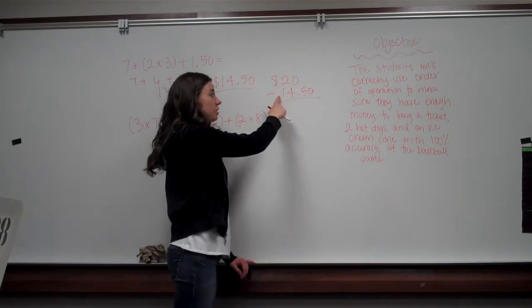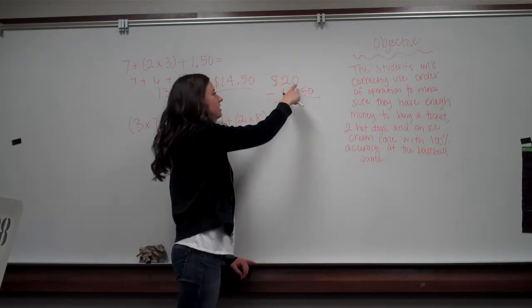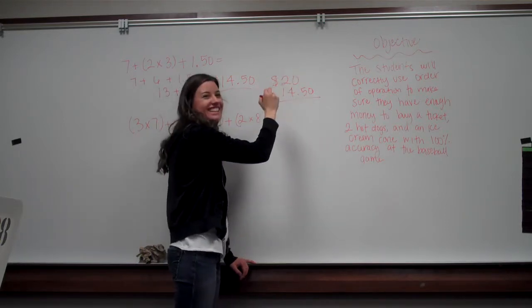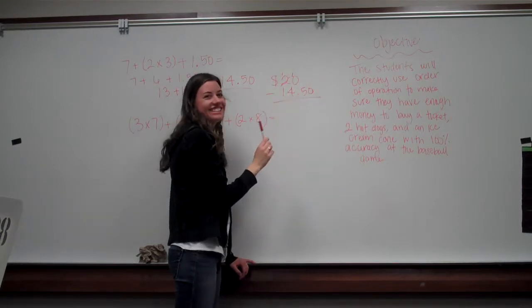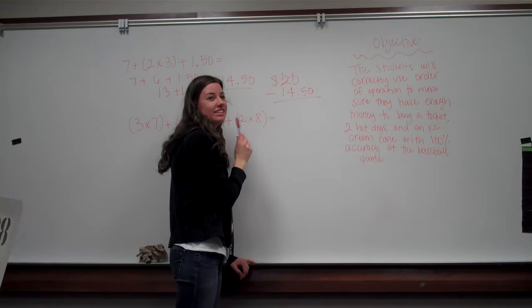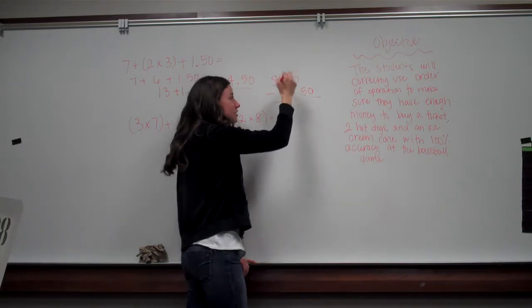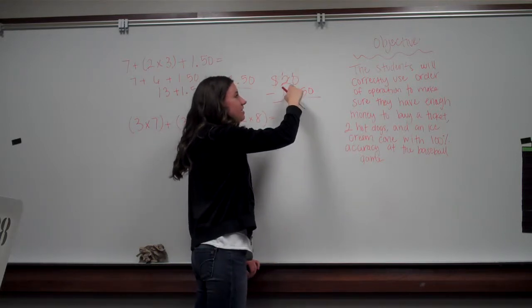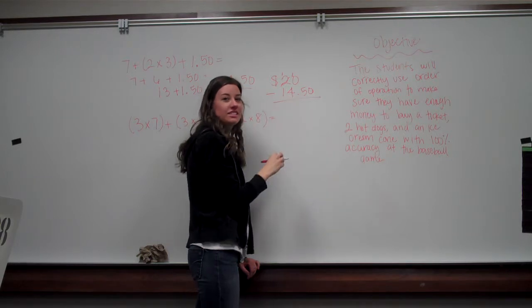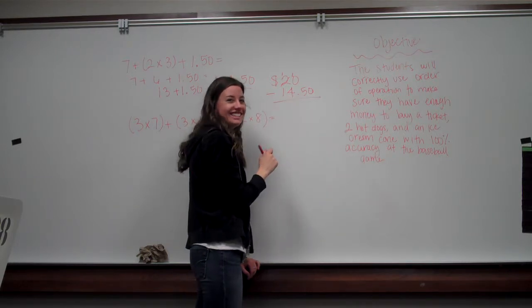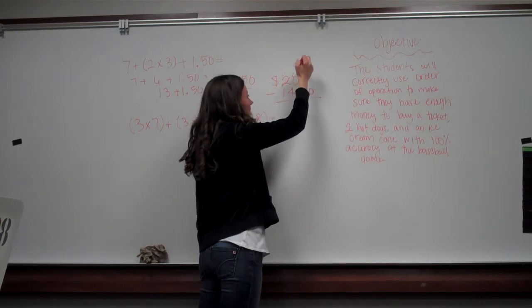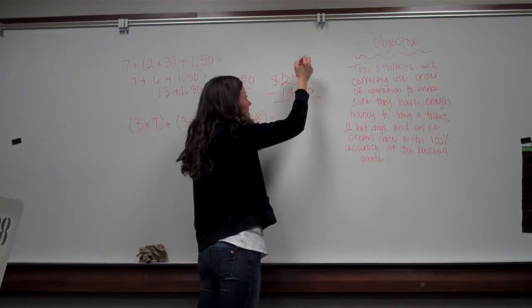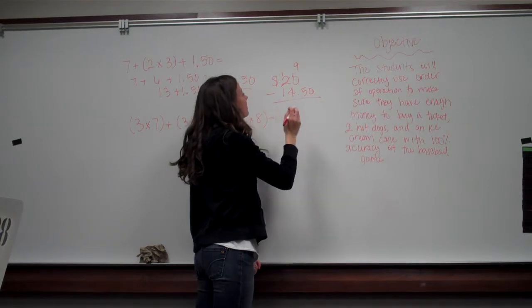What's 2 minus 1? You have to do the little 1 here, so then that can get 10. What do we do with the 50? Well, so then what's 10 minus 4.50? You have to do 20.00.